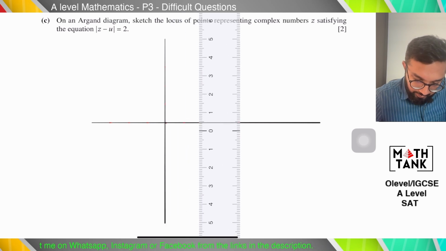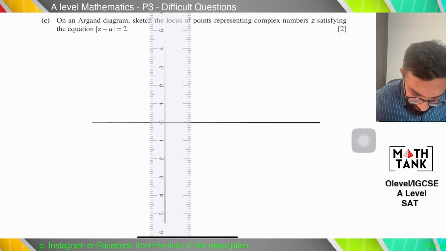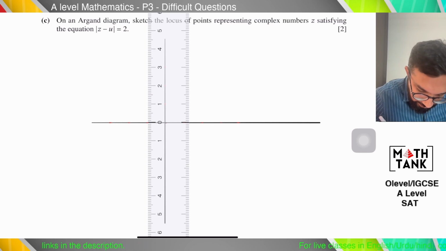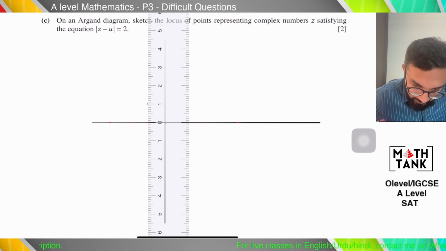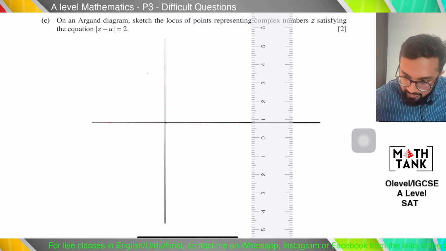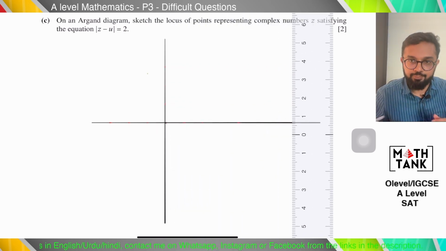Okay. So 2.65. Let's just try to mark 2.65 here. So minus 1 plus 2.65.